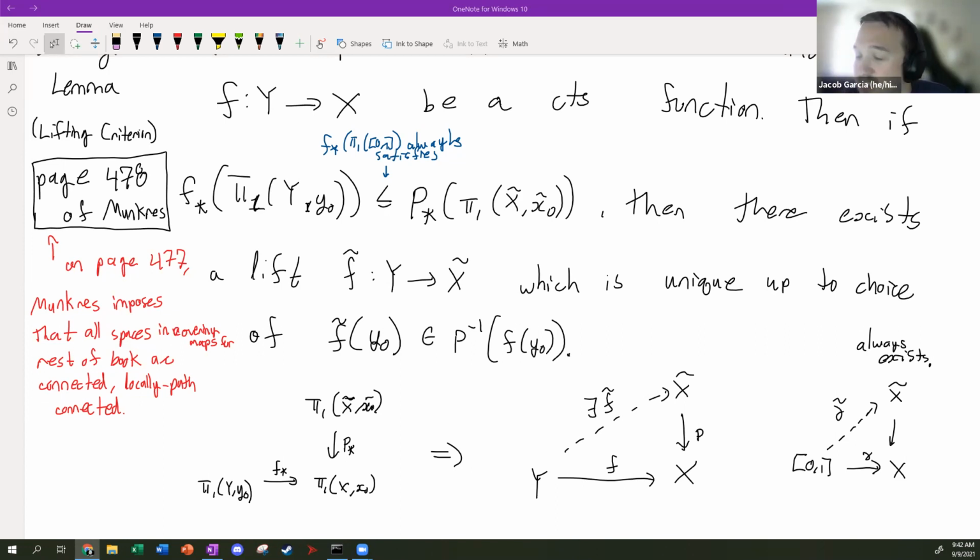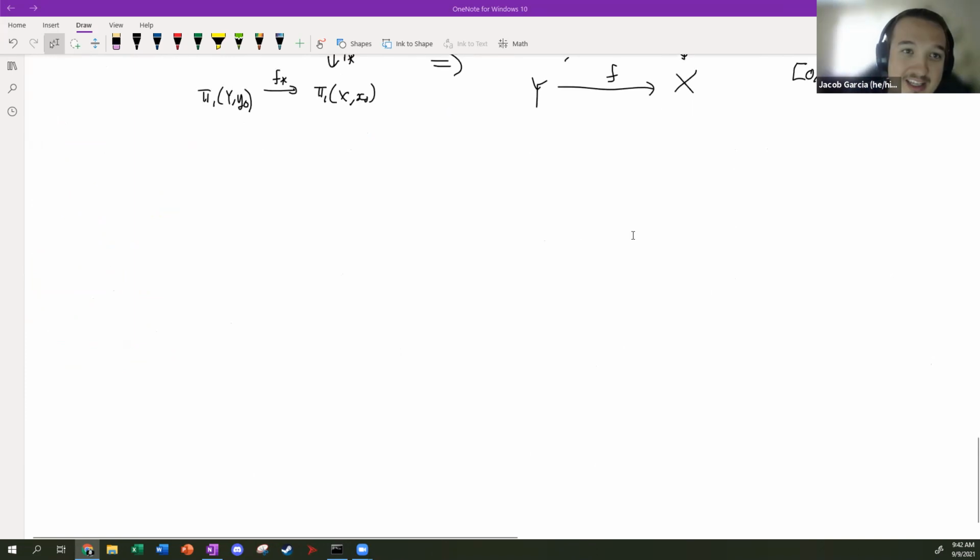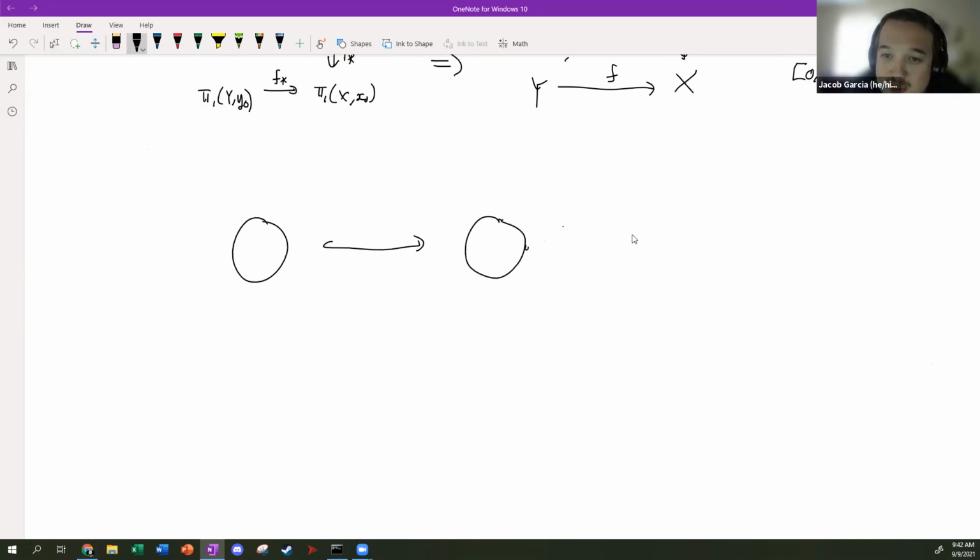I don't think that I've seen a question on the qual yet that asks about a circle including into the wedge of two circles and then asking you to prove something about this, because this map lifts up to the universal cover, or not the universal cover, but this lifts into this cover.